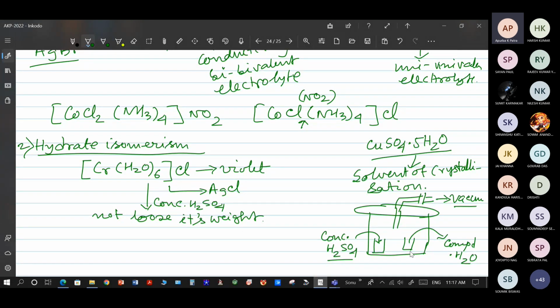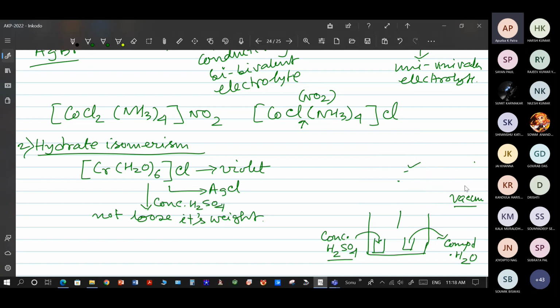If you weigh the compound after drying, you can say whether the water molecules are solvent of crystallization or coordinated to the metal center. If they are coordinated, they will not be lost, so no weight loss will take place. But if the water molecules are outside, some weight loss will take place. And here I will show you other examples.